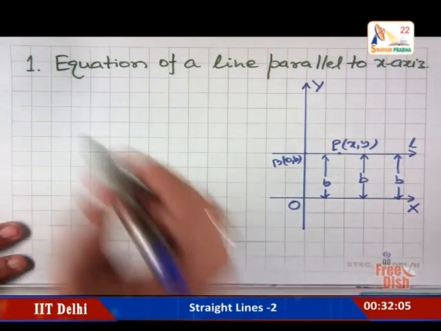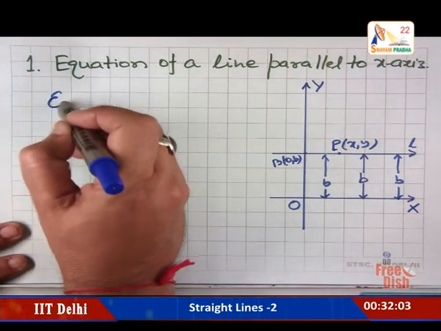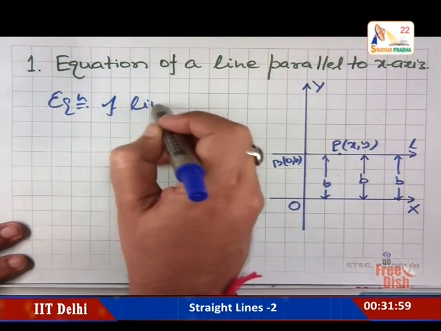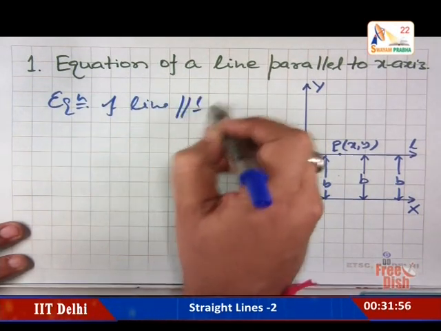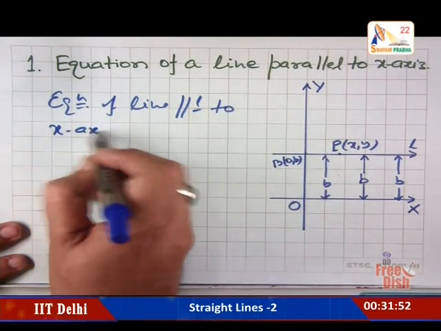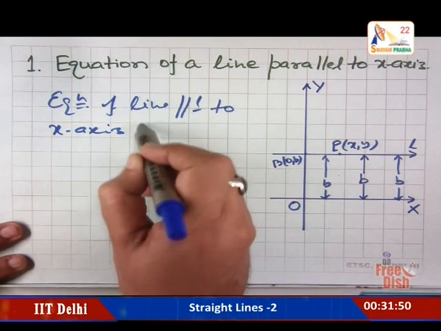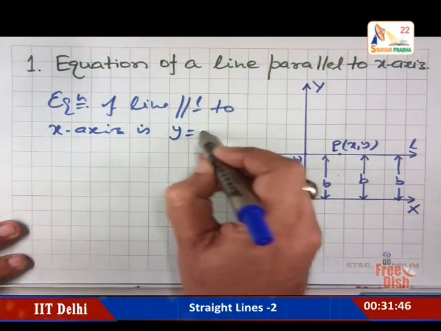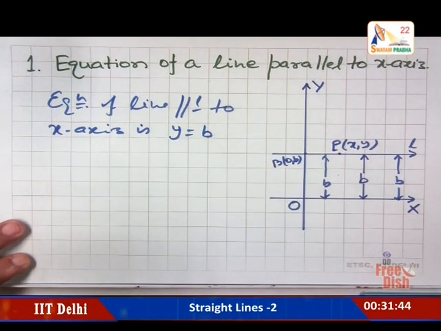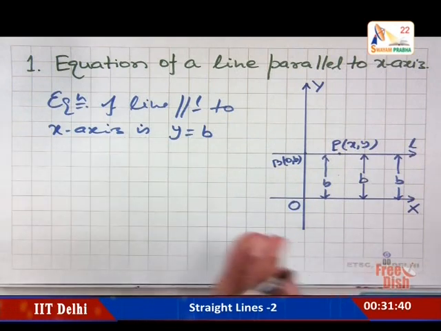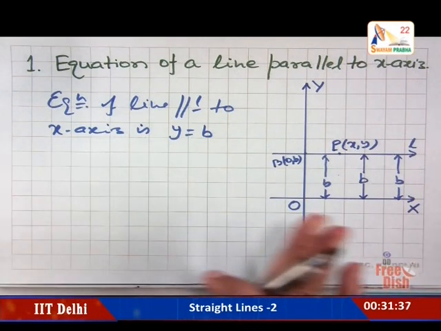So the equation of a line parallel to the x-axis is y equal to b, because its y coordinate is fixed, it never changes.